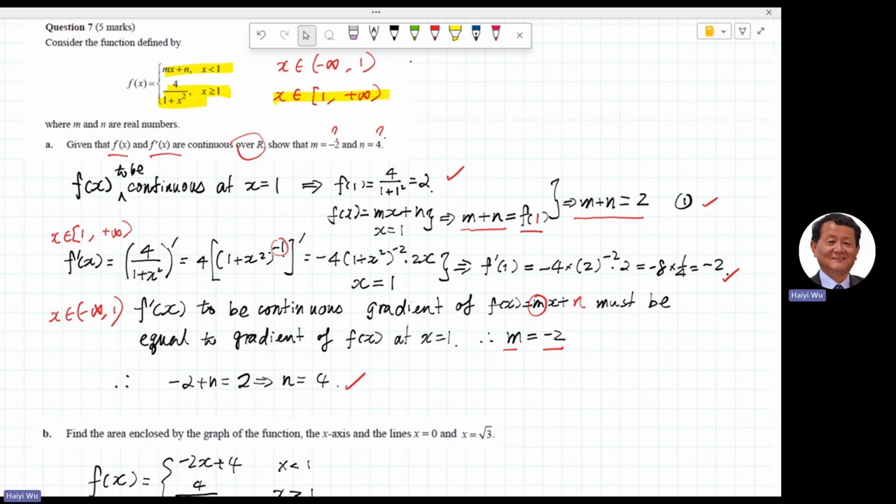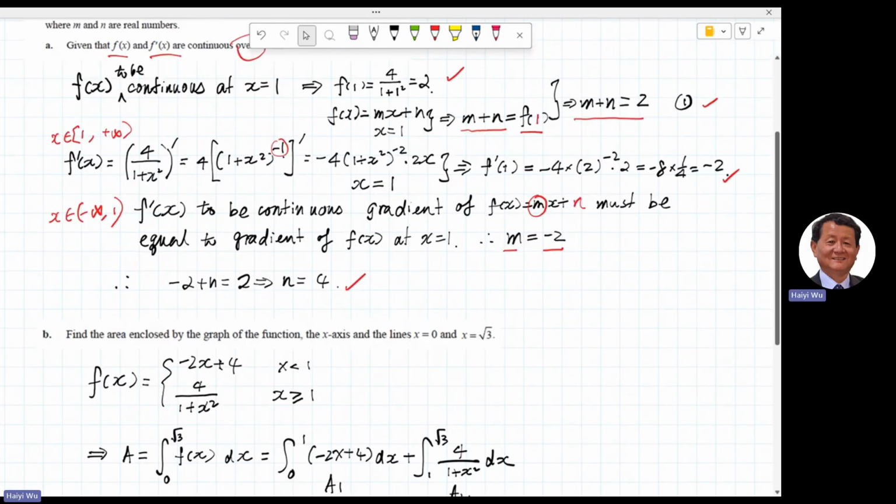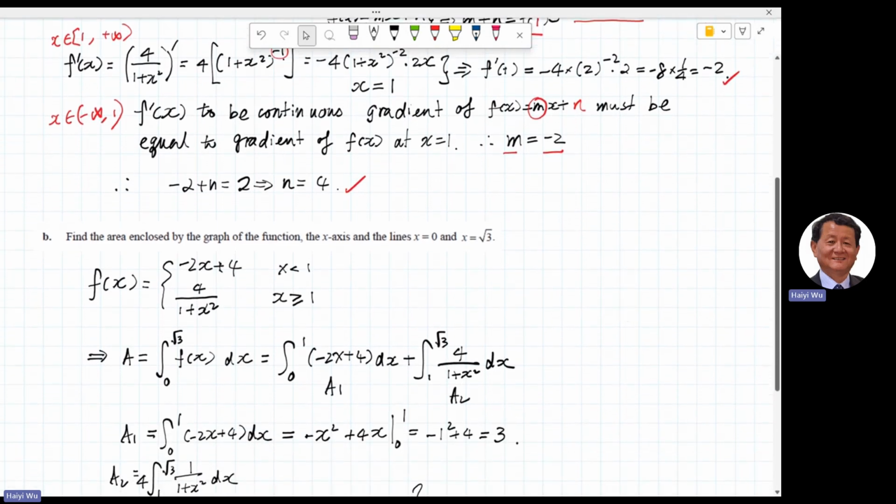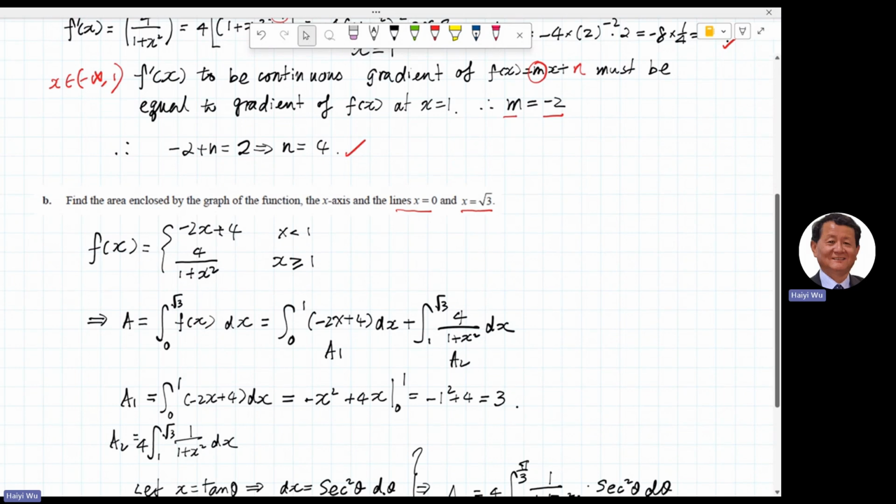All right, so we have solved question A. Now we're going to find the area enclosed by the graph of the function, but the interval is from x equal to 0 to square root 3. So we're going to integrate this, to find the area under the curve, enclosed with the x-axis. The area is the integral from 0 to square root 3 of f(x) with respect to x.